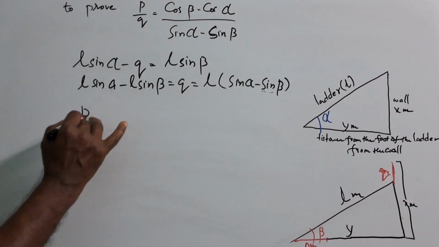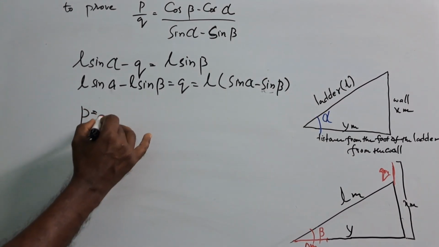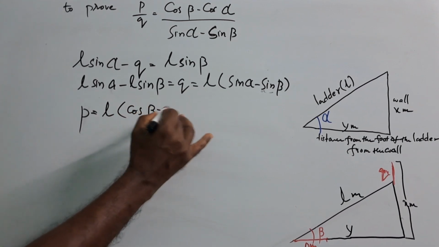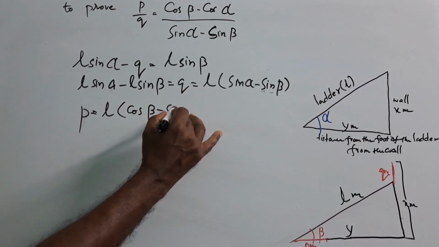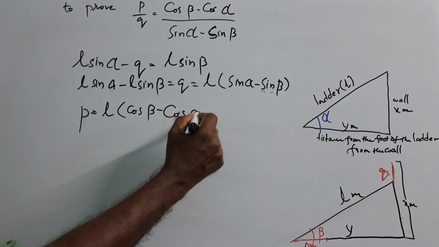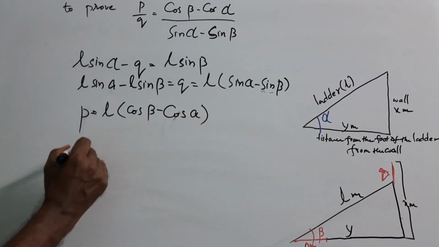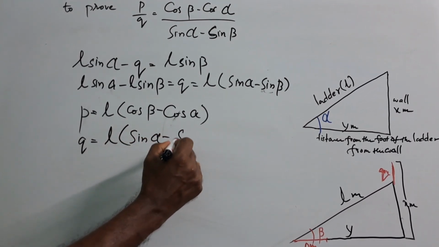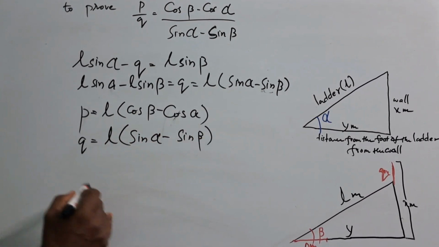Now P is equal to L into cos beta minus cos alpha. Q is equal to L into sin alpha minus sin beta.